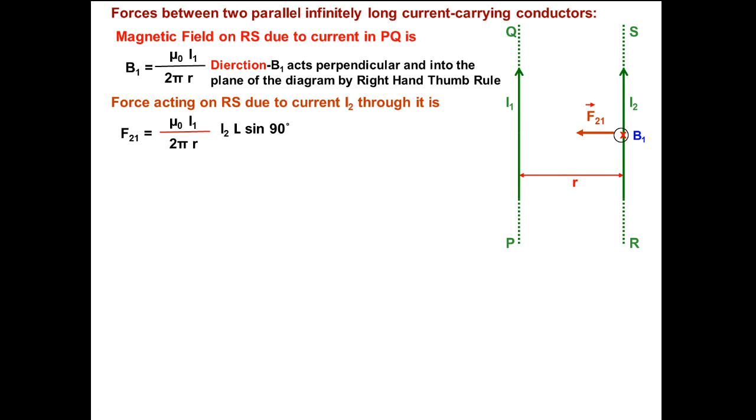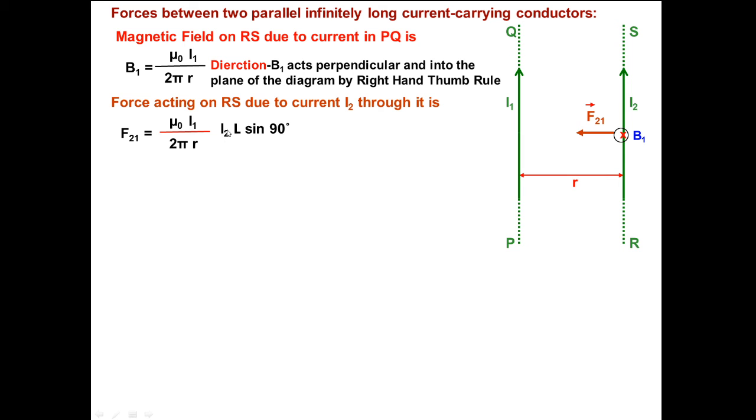So the force is I L cross B. Here the force F21, force on 2 due to 1, has I2 current passing in it, and the magnetic field is B1.